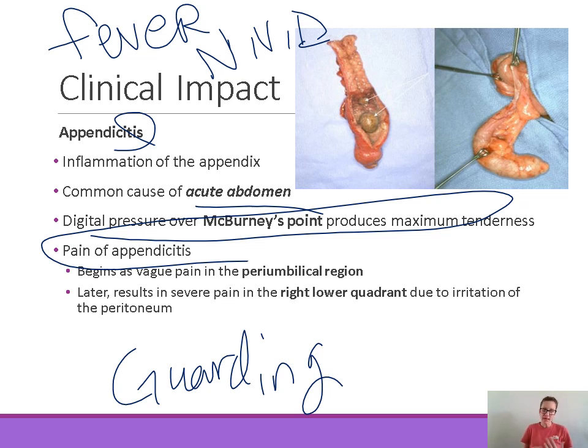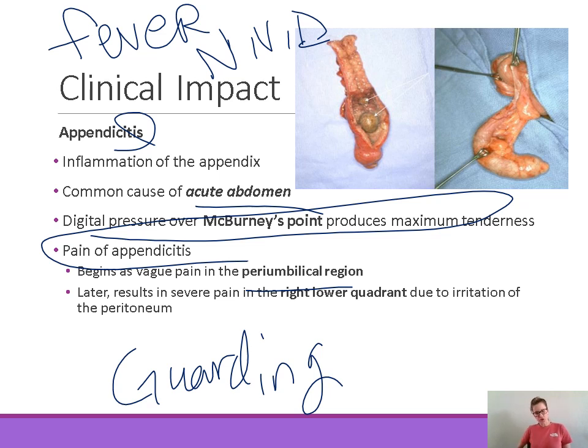The pain from appendicitis frequently begins as a vague pain in the periumbilical region. The reason that there's periumbilical pain is because the afferent fibers, so like the pain fibers that are leaving the appendix, enter the spinal cord at the T10 level, which is the same for the periumbilical region.